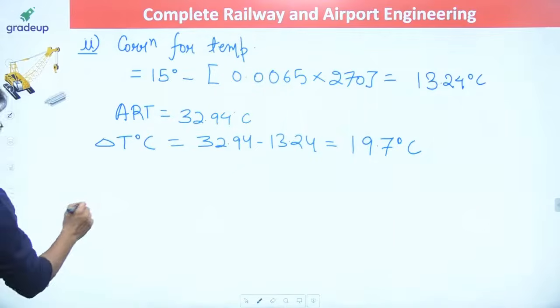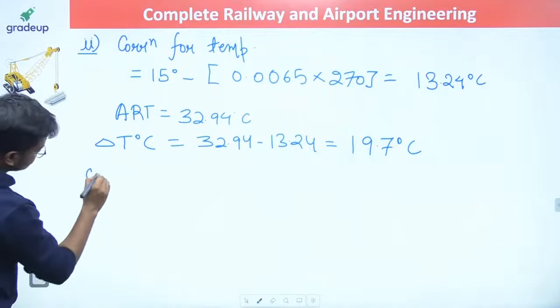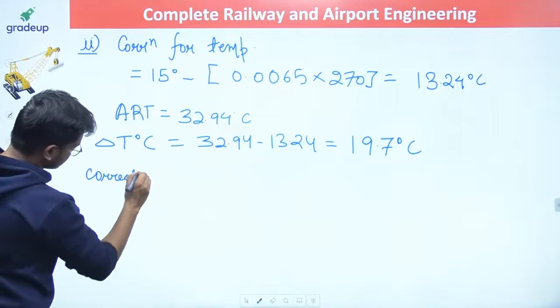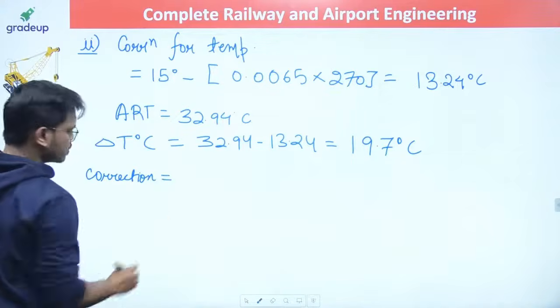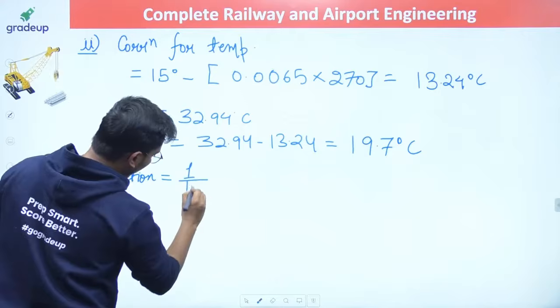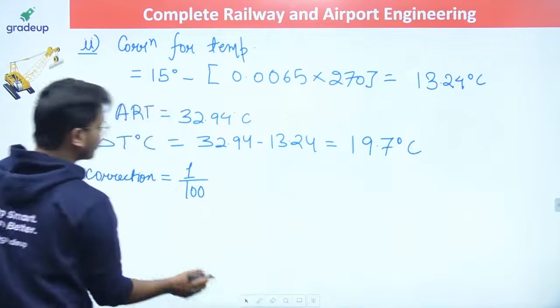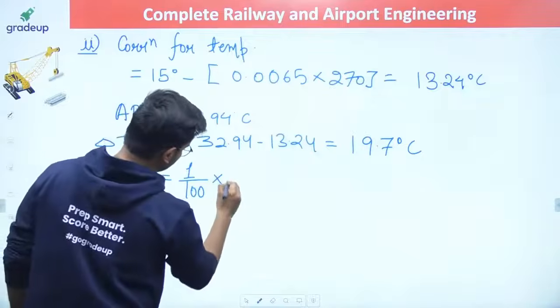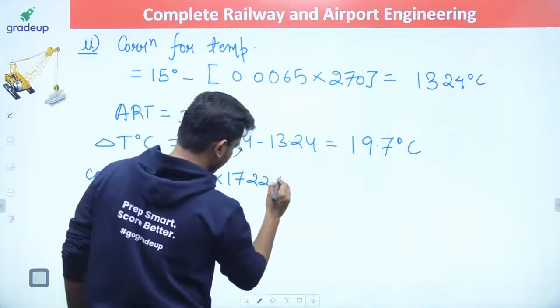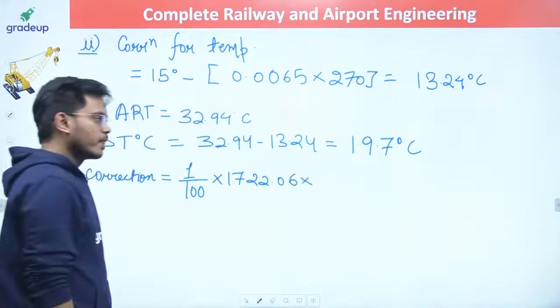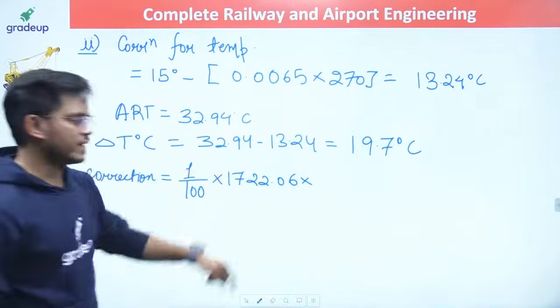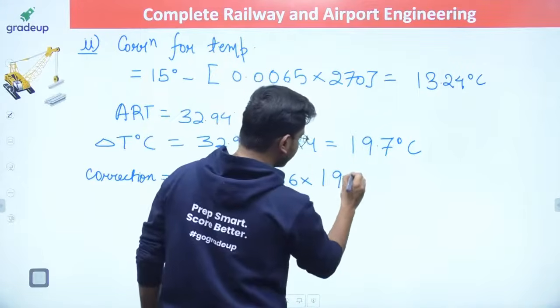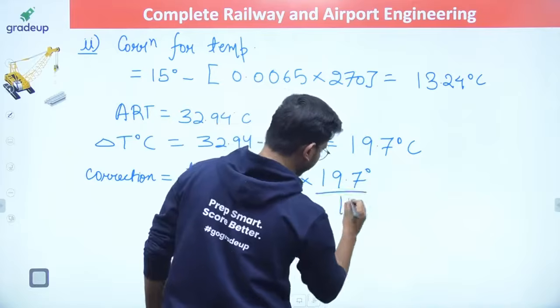So let's see. The correction will be 1% of the value which I have already corrected for elevation, 1722.06, into, for each degree I have to add, right? So I have 19.6 for every 1 degree.